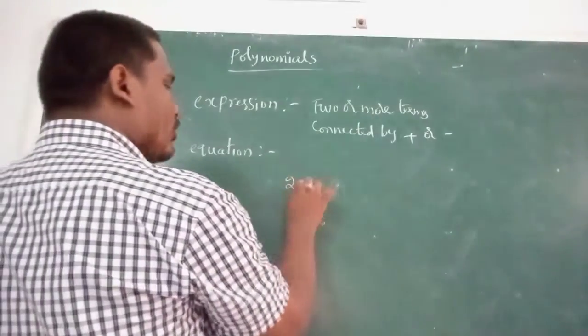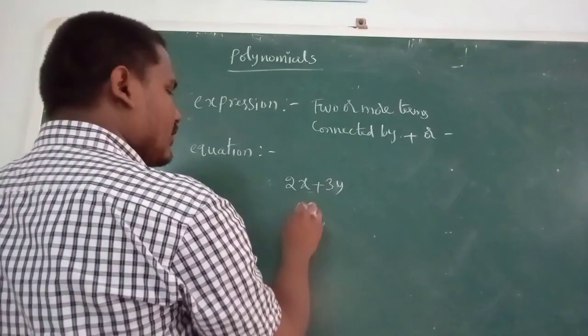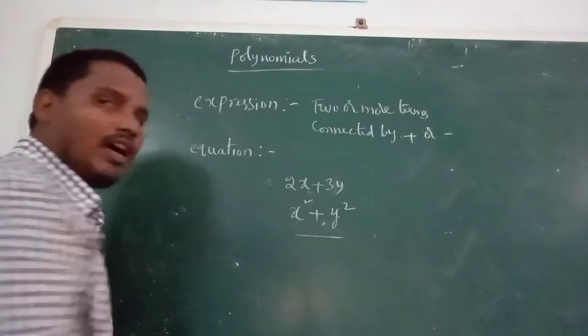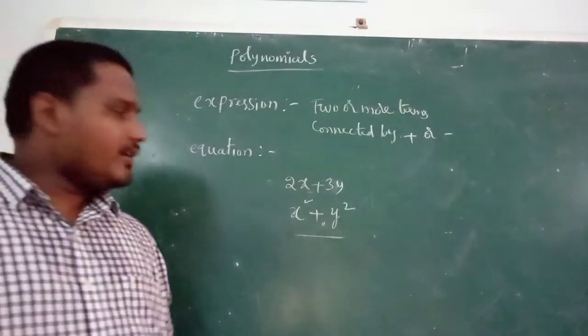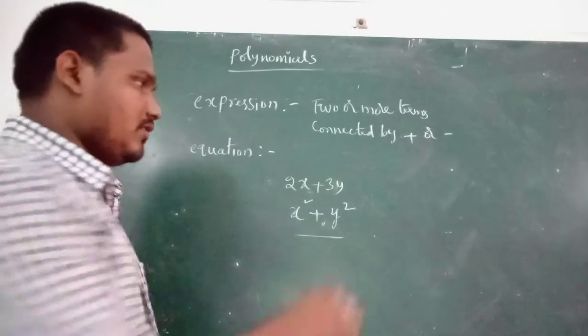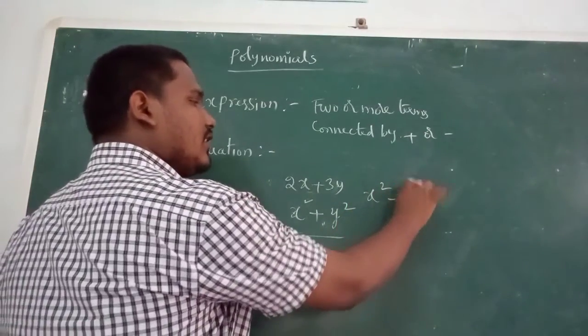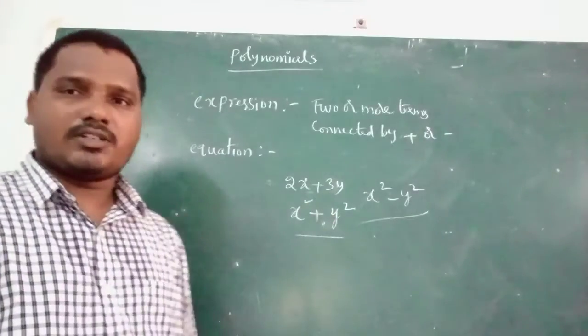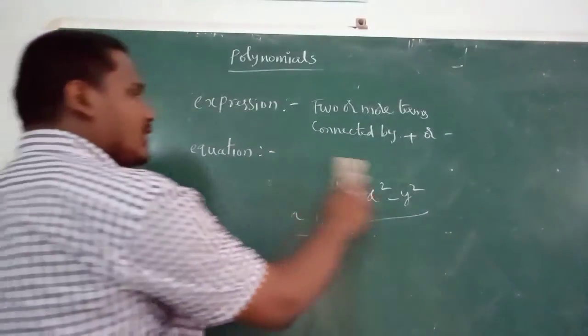Suppose 2x plus 3y, or x square plus y square: two or more terms connected by plus or minus. These are called expressions. Then what about an equation?